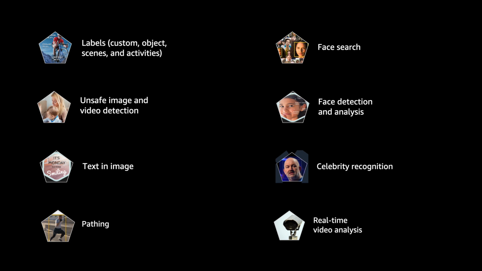It can tell you where a face is or where all the faces in the images are, how they look, if they're smiling, if they're not, and all kinds of information about the faces. It can recognize celebrities, so there is already a database for celebrities in place. And then it can also do real-time video analysis, and that makes it very powerful. For our use case, we are just using the basic labels.